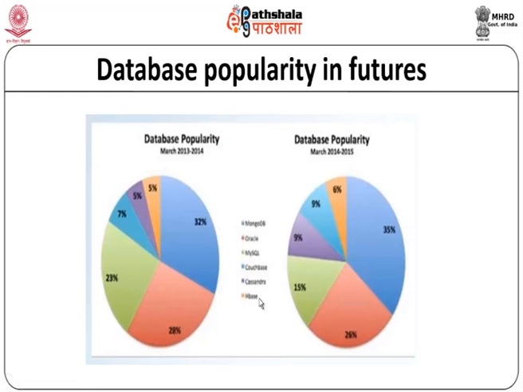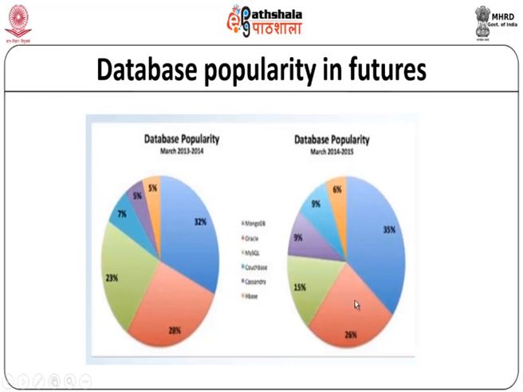But when they took the same survey in the year 2014-15, they found there was a steep rise in the usage and applications of NoSQL databases, which can be easily seen from this pie chart.